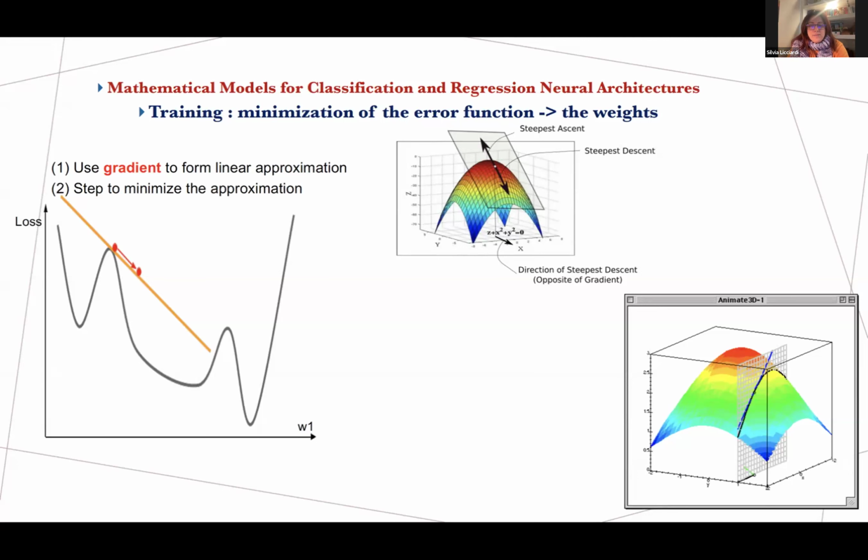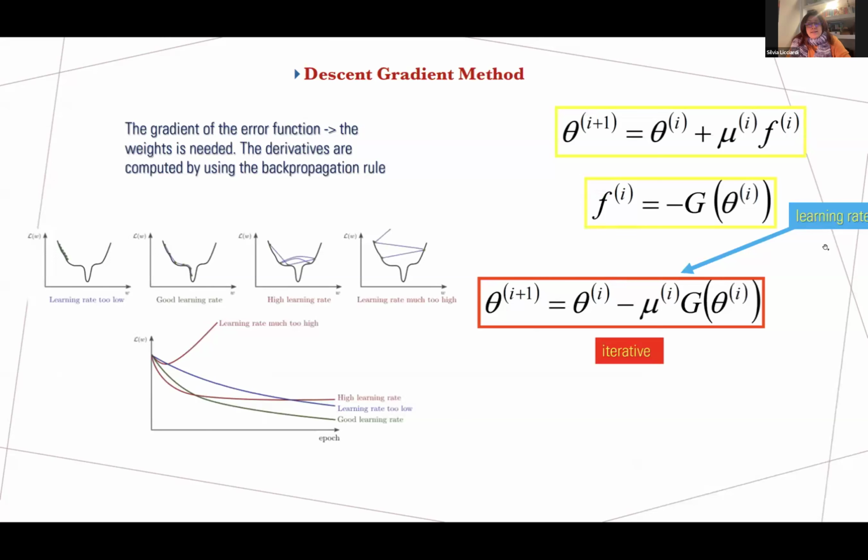This gradient descent method is an iterative method. We have to start with the choice of an initial learning rate, a parameter that will scale our gradient, and step by step we optimize this error function. The choice of this initial learning rate is another key point, because if we choose a learning rate much too high, we can have a divergence, so we never find the minimum.